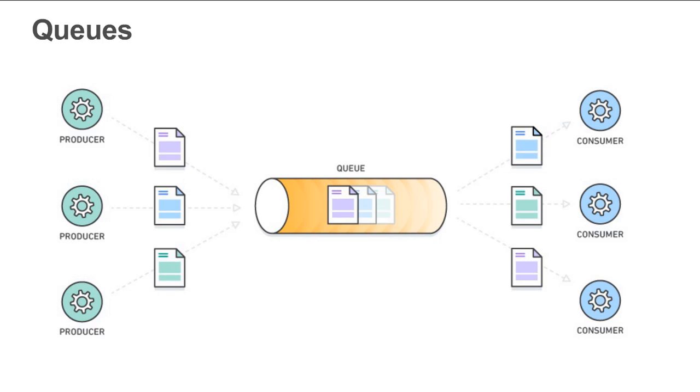On the other hand, you have message consumers which will pull messages from the queue, process whatever needs to be done for the message, and then acknowledge that they are done, which actually will remove the message from the queue. So a queue is a buffer between producers and consumers.